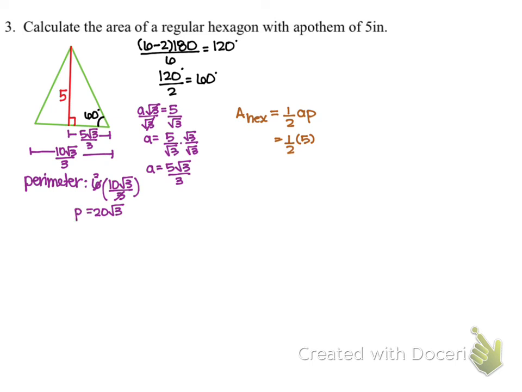Let's plug that in. Now from here, let's just finish the multiplication. So I think that's going to give us 50 root 3, and the unit was inches. This is inches squared. This is the area of our hexagon.